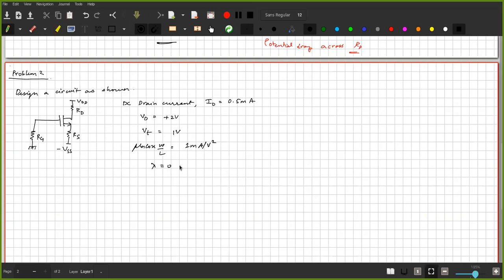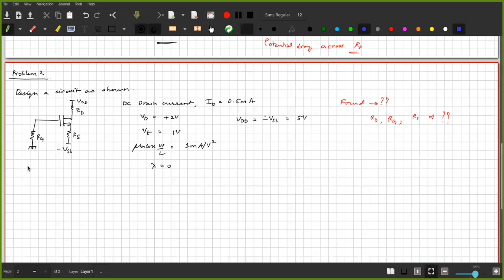Lambda is 0, and VDD is equal to minus VSS. Okay. So this is the data which is given. Right. What needs to be found? What needs to be found are RD value, RG value, and RS value. Okay, so these three are to be found.